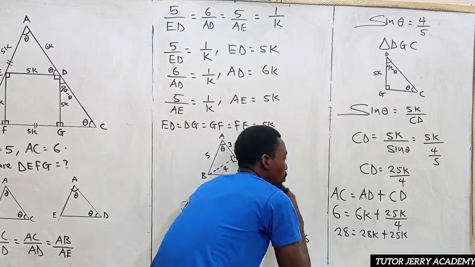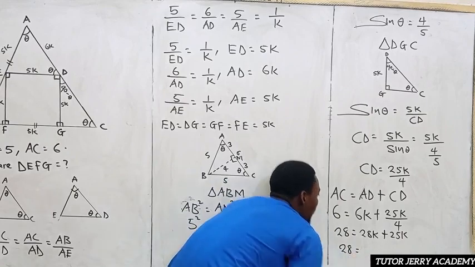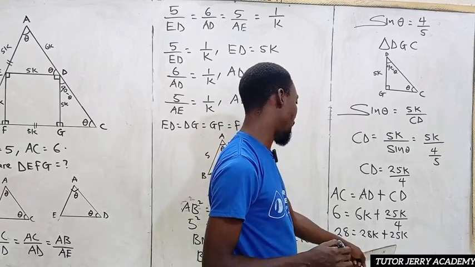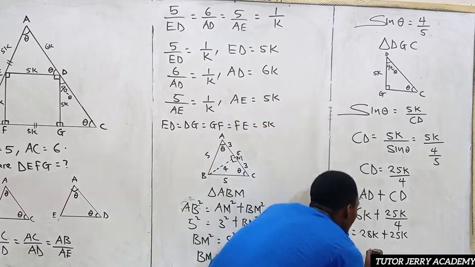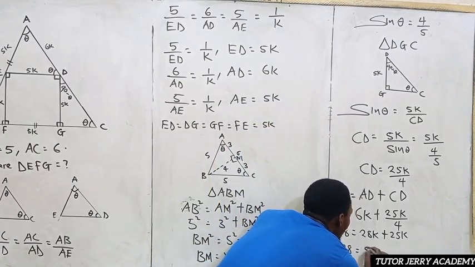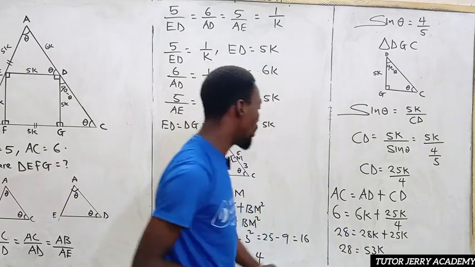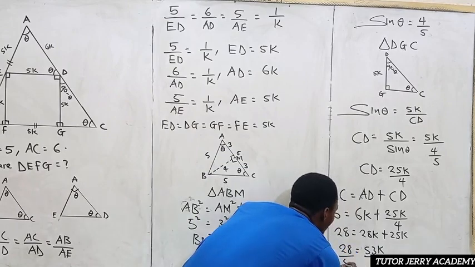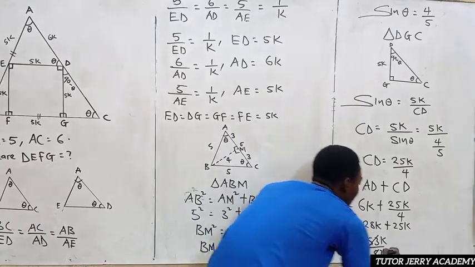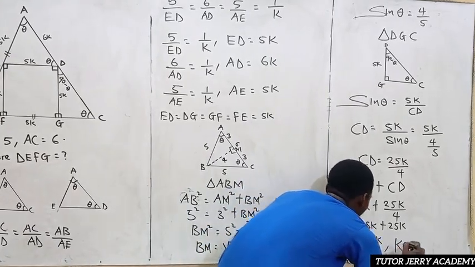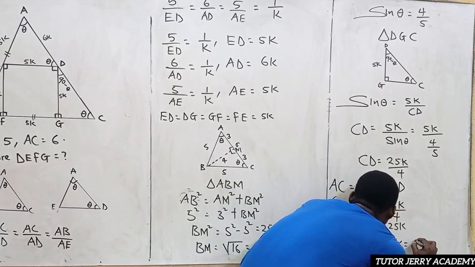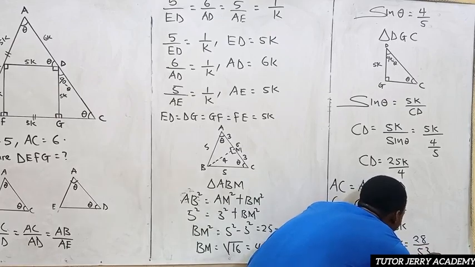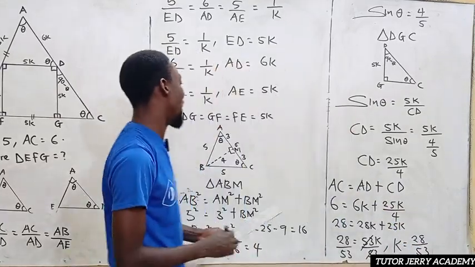That is 53K. So if I divide both sides by 53, K will be equal to 28 all over 53. So that is the value of my K.